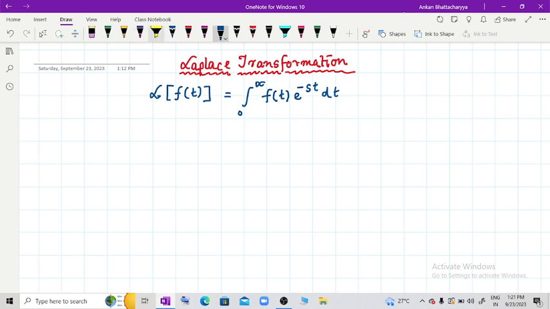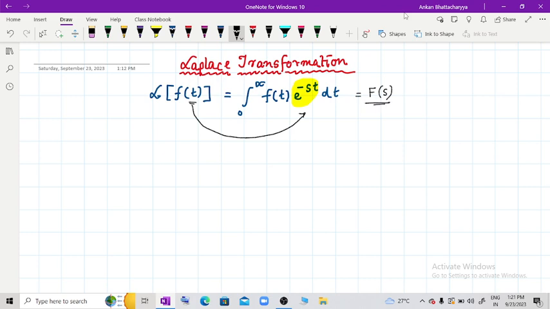So you can easily say that here the kernel is e to the power minus st, which will help you to convert one function to another function of another variable. The function of the t variable gets converted to a function of the s variable.